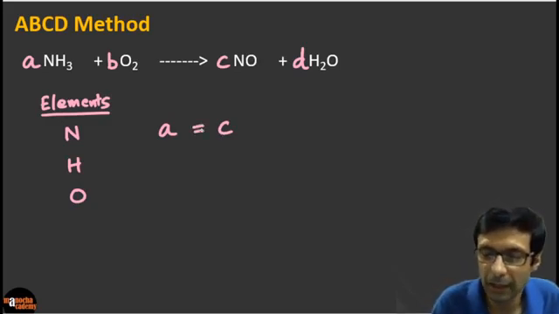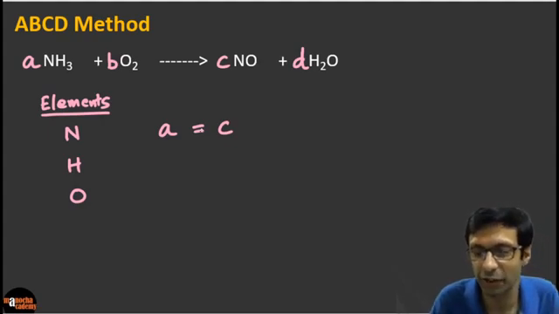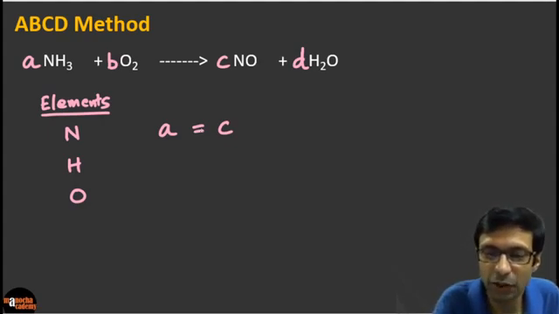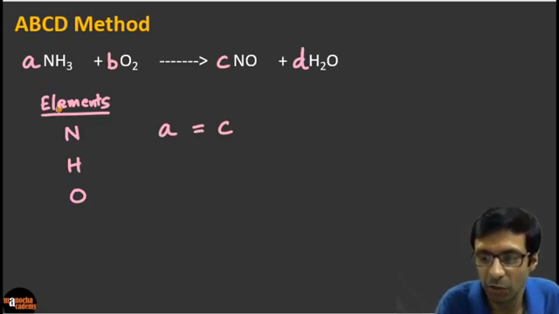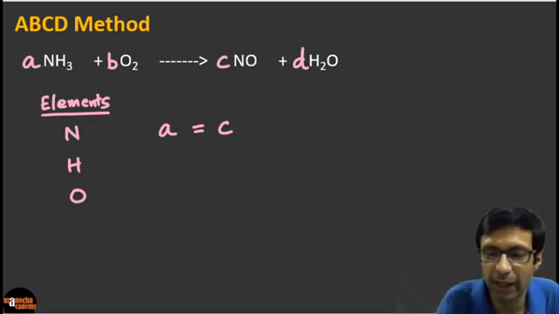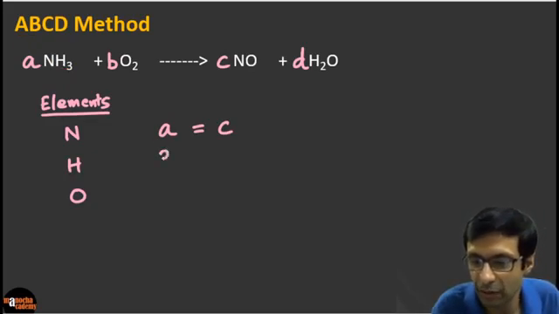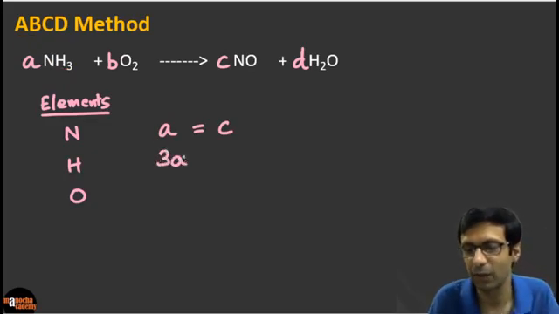Clear? Next one, let's look at hydrogen. How many hydrogen atoms do we have on the left? It's going to be 3 times A, so this is going to be 3A, right?